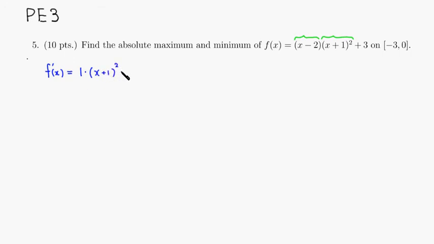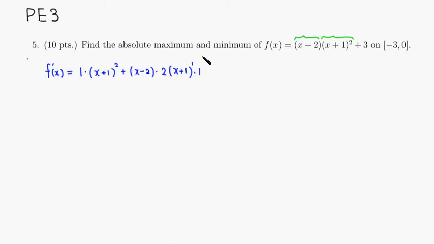squared, plus the first factor x minus 2 multiplied by the derivative of the second factor, so you multiply 2 in front and keep the inside function as it is. Subtract 1 from the power, so it's going to be the first power, which doesn't do anything, multiplied by the derivative inside, which is 1 again.